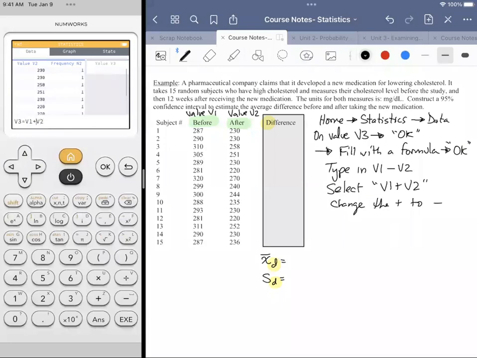I just hit the little left arrow, then the backspace, and type in a little minus sign there. And that's why they give those templates, so that you can make slight adjustments.